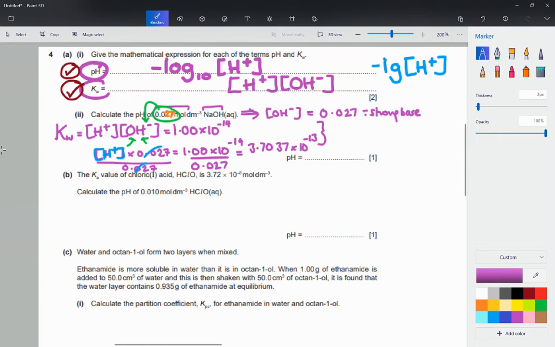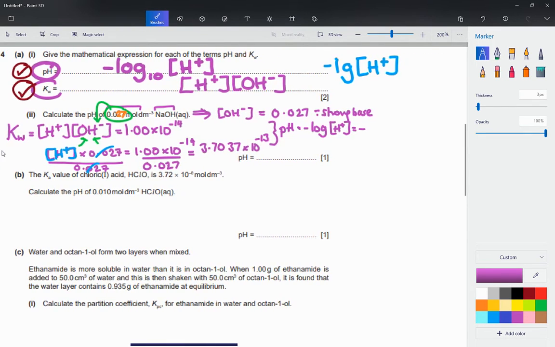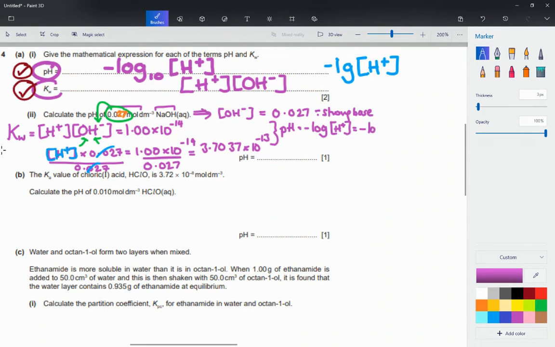The pH would be equal to minus log to base 10 of your value of H+, and that would be minus log 3.7037 times 10 to the minus 13.